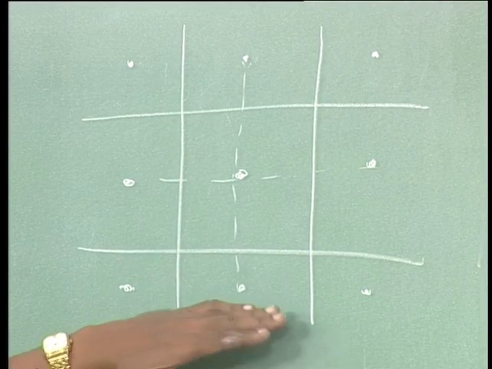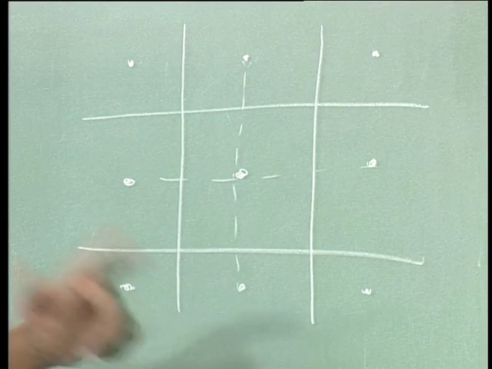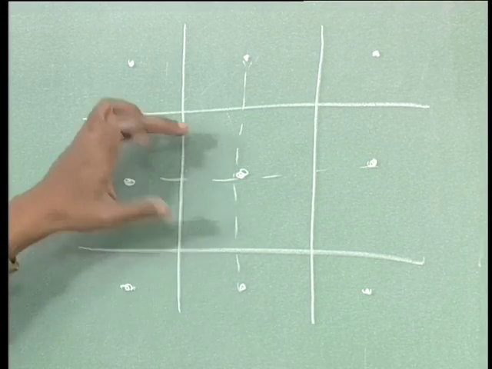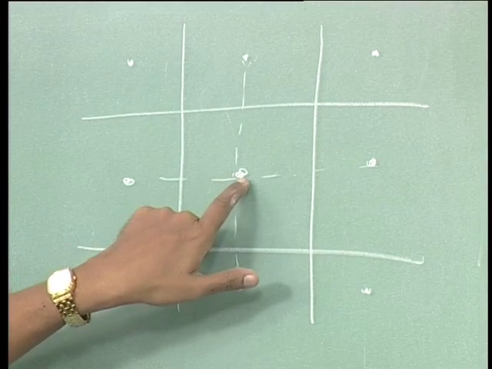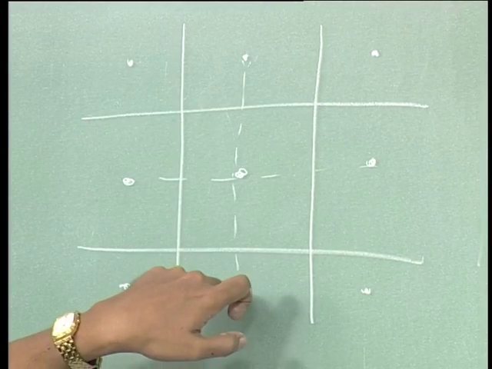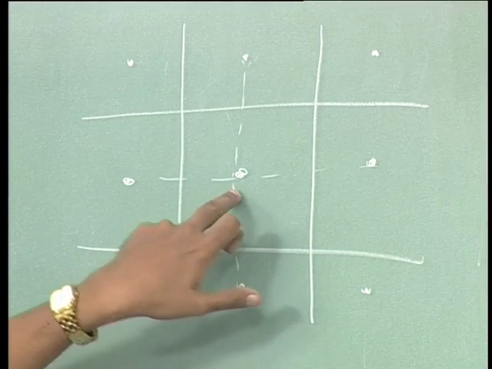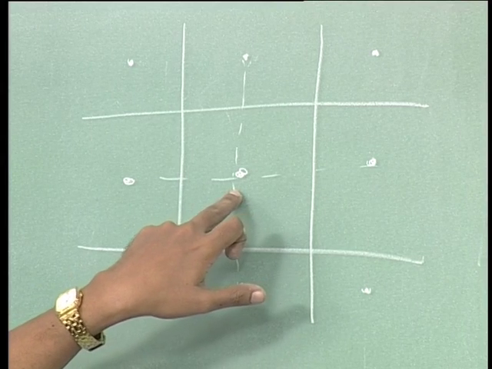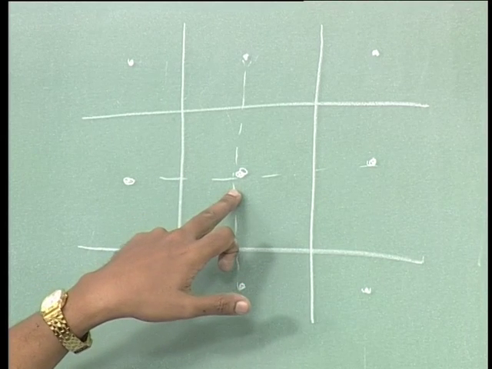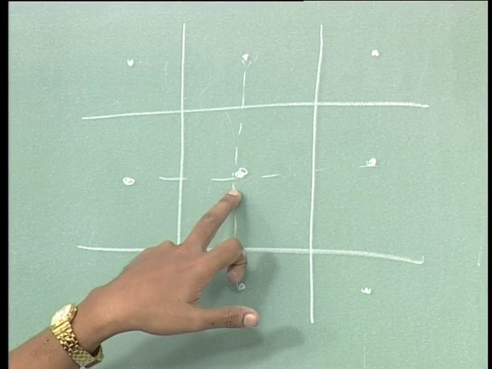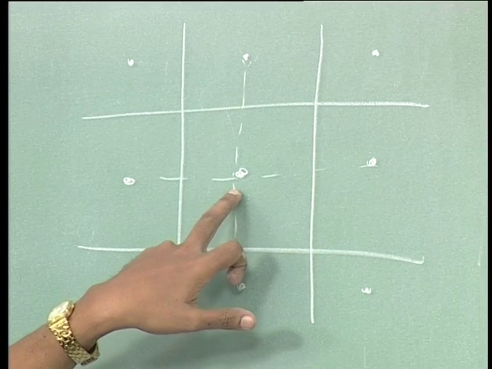We will assume that these are now reciprocal lattice points. What have we done? We have drawn perpendicular bisectors to the lines joining this point to its neighbors. If you designate this point as the origin of reciprocal space, and that is, as I said, your convenience, you can always designate this as the origin of your reciprocal lattice, reciprocal space, right.